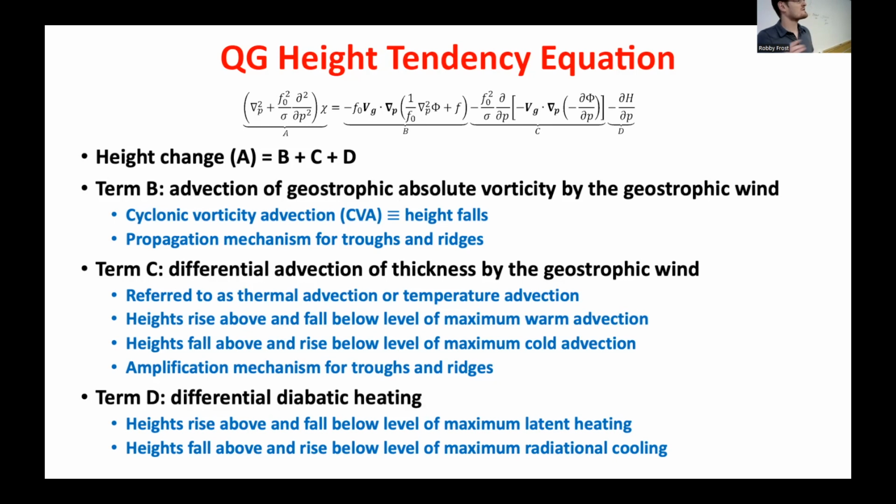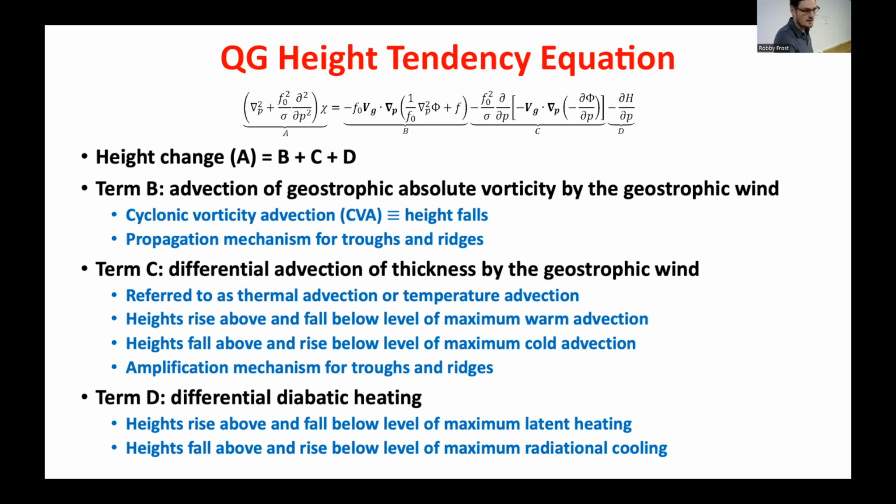If you've ever seen a thunderstorm complex in late summer persist for several hours and then regenerate itself, that has to do with differential diabatic heating. The thunderstorms themselves are releasing energy that causes the atmosphere to change, and that can support them. But for our purposes, we're going to be dealing with the synoptic scale, so we're not going to worry too much about that.